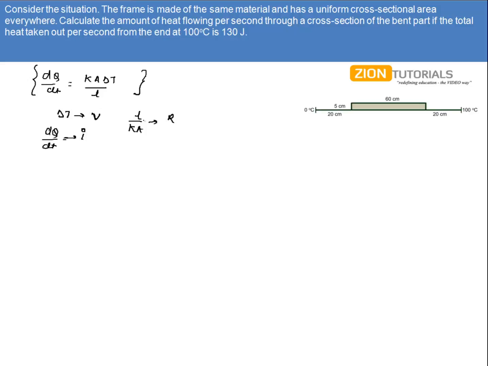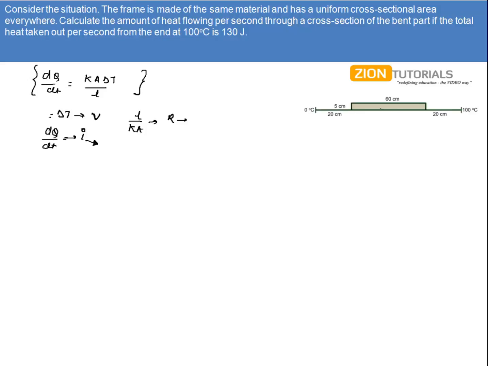So in all, I call this ΔT thermal voltage, this thermal current, and this resistance thermal resistance. Fine. Now with this concept I can solve various problems, any complicated circuit that is given to me.